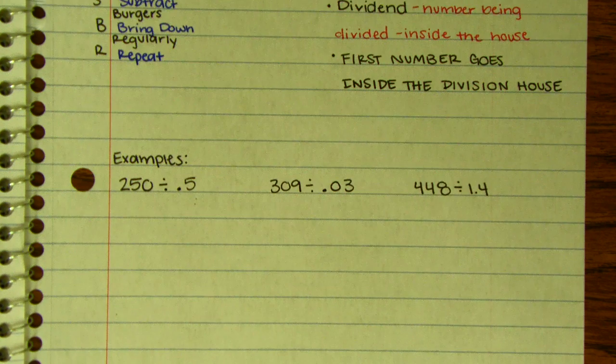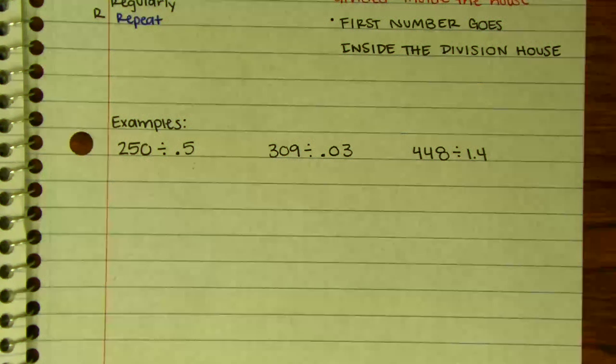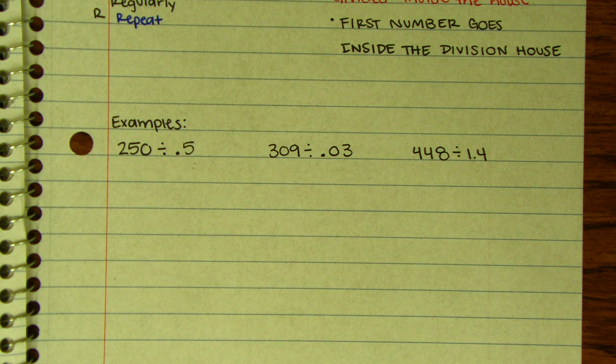So I have a few examples here, and we are going to first set up the problems, move over any decimal places that we might need to move, and then we're going to solve. So the first thing I'm going to do is write out the division problems. So I have 250 divided by 0.5, or 50 hundredths, or 5 tenths.